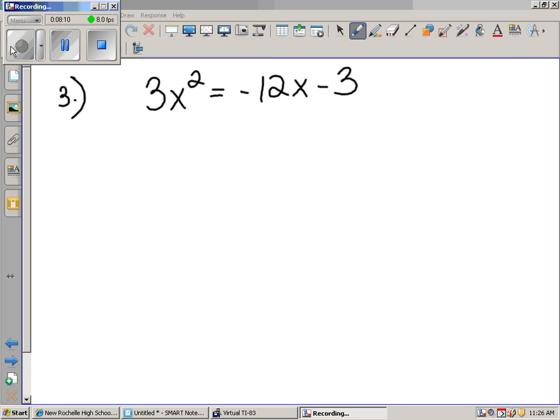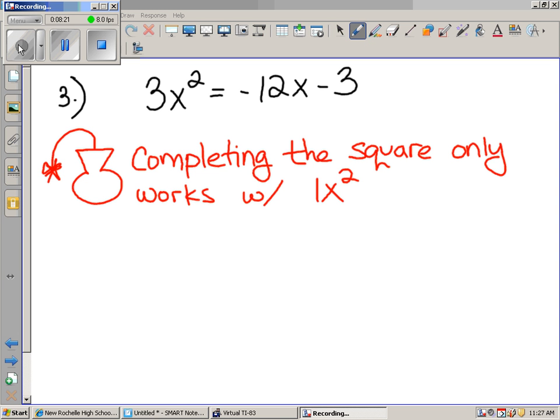Guys, problem number 3 is pretty much the hardest completing the square gets to, and that's because there is a really important restriction that you have to remember. Completing the square works with only 1x squared. And so you're given a problem up there where you're given 3 of them. What can you do, Cameron? Divide everything through by 3, and then it goes back to a normal problem.